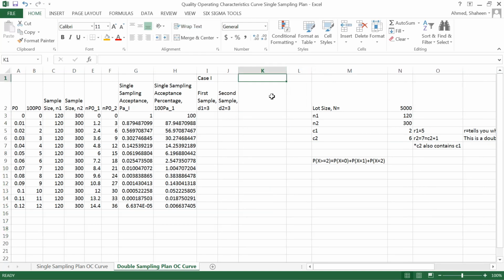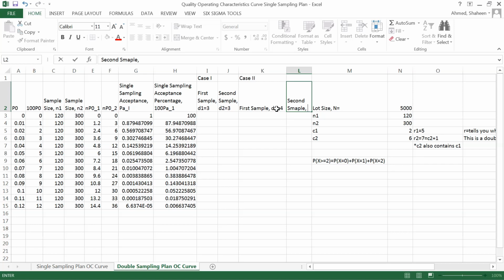Now case 2, we can have something like this. Say your first sample, you get 4 defective, D1 equals 4 defective. Then in the second sample, how many can you have more?